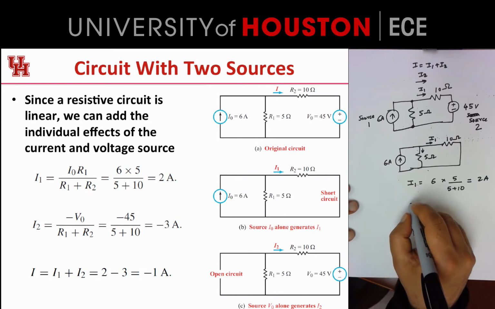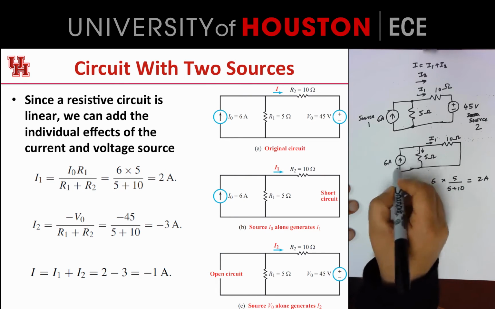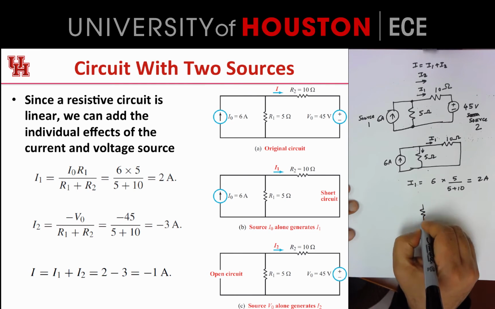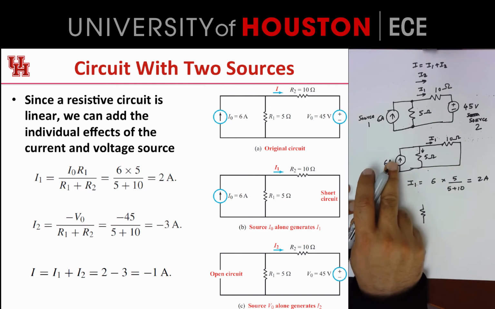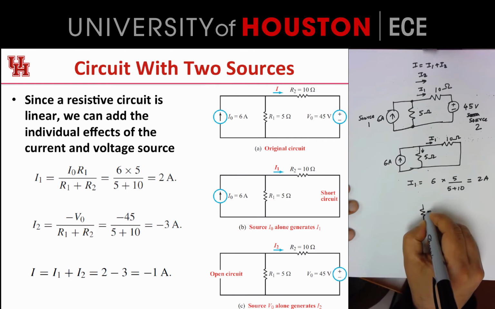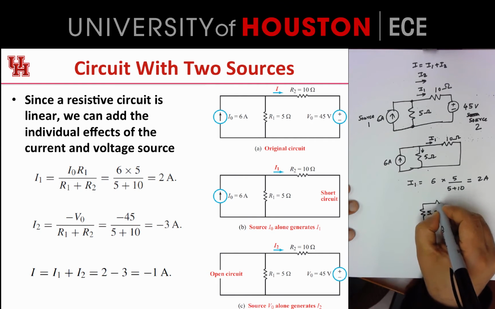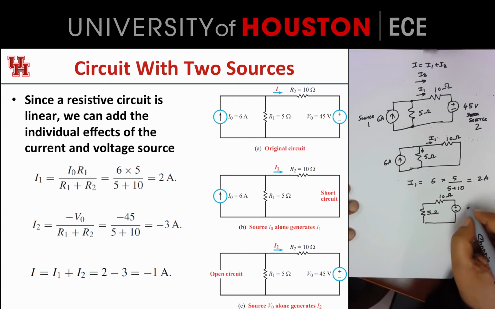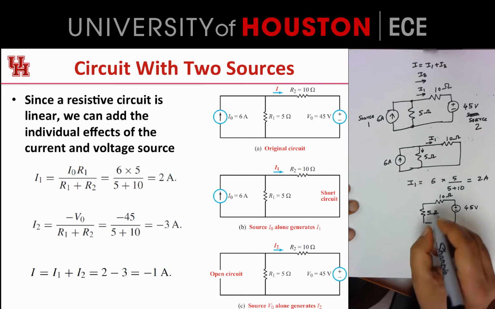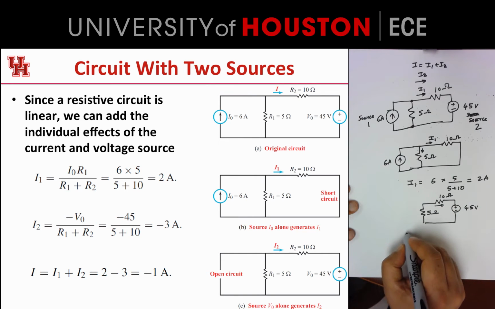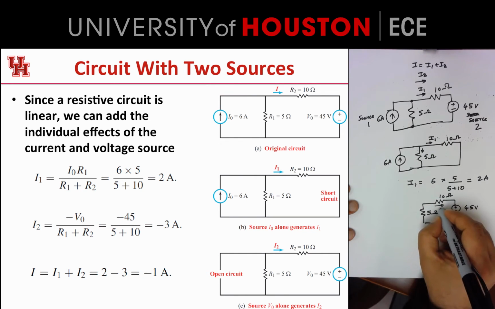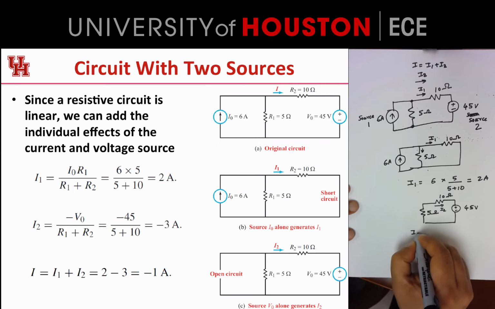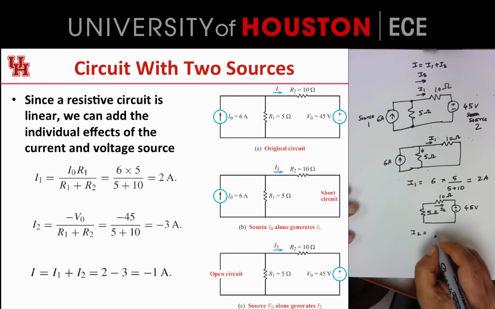Now I can also do the same thing with this source number 1 knocked out. When you knock out a current source, you basically create an open circuit, which means there's nothing there. So you've got this 5 ohm resistor here, this 10 ohm resistor here, and this 45 volt voltage source. Suppose I call this current I2.